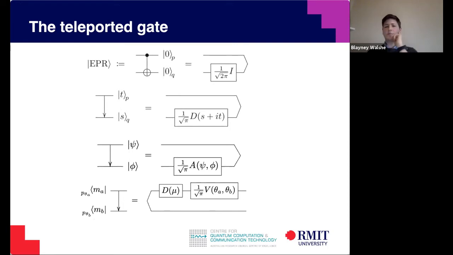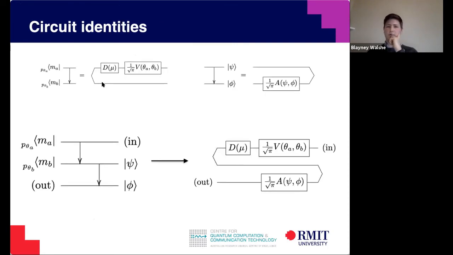In any case, I'm going to use those bottom two circuit identities here and here to simplify this circuit. This is what I showed you earlier. I won't jump back to it, it'll take too long, but this circuit represents one macronode measurement with arbitrary ancillas. By just swapping out those two circuit elements, it simplifies to this.